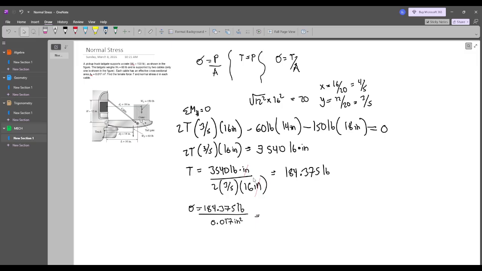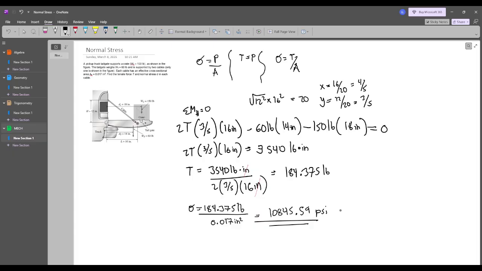There you have it. So each cable is carrying about 10,845.59 pounds per square inch.